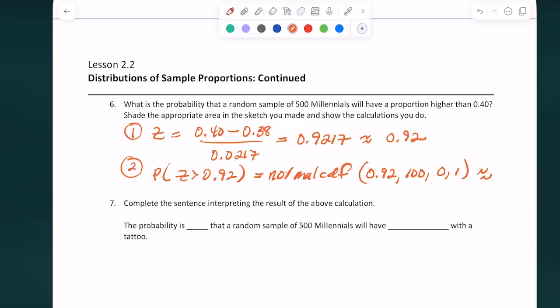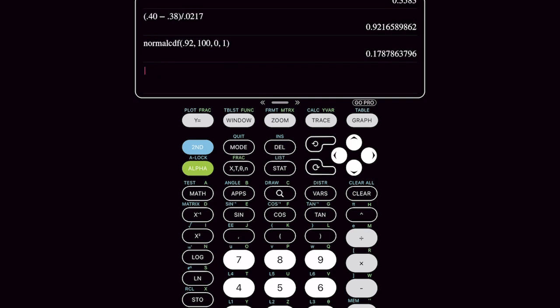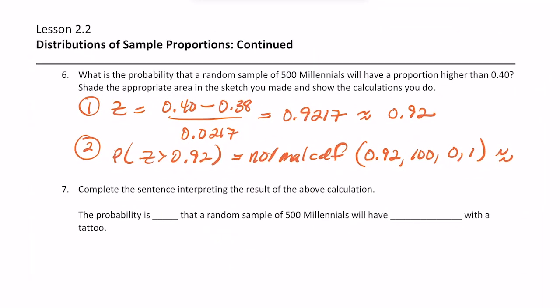And then all we have to do is calculate that and it'll give us the area. So let's type in these numbers: 0.92, comma 100, comma 0, comma 1, and then hit enter, and we get 0.1788. So that is our proportion of millennials.